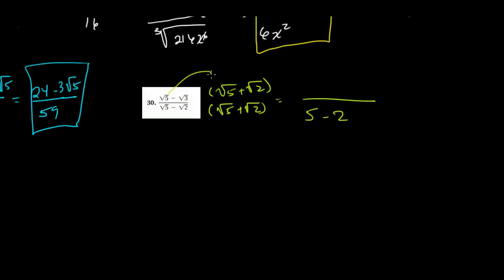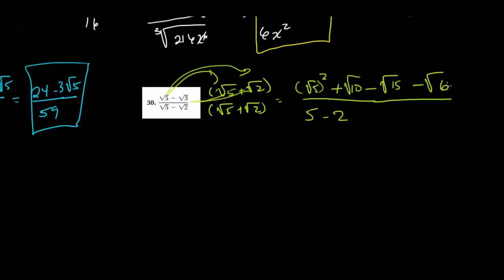And in the numerator, let's see how this works. 5 times radical 5 is radical 5 squared, plus radical 10 minus radical 15, when I did those two already. Now let's do these two here, minus radical 6.